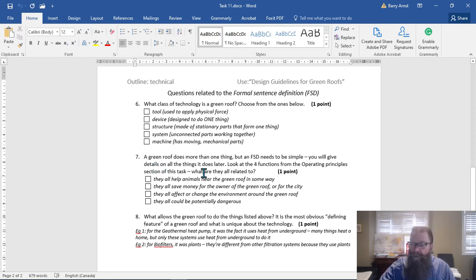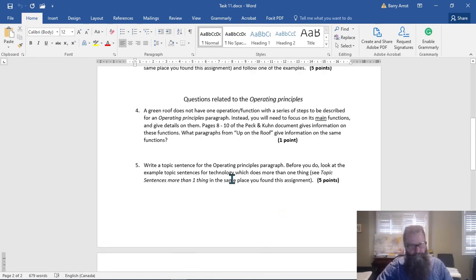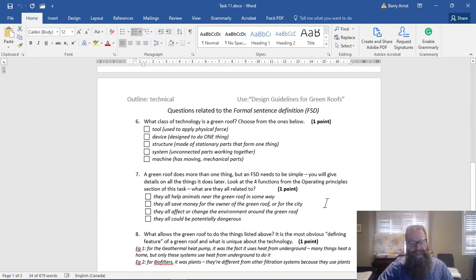It does more than one thing, as we said, but you don't want to list all of those things in a formal sentence definition. It has to be fairly simple. So take a look at all of those four things. We looked at them in the operating principles. We looked at four things that it does. So how are those four functions all related?